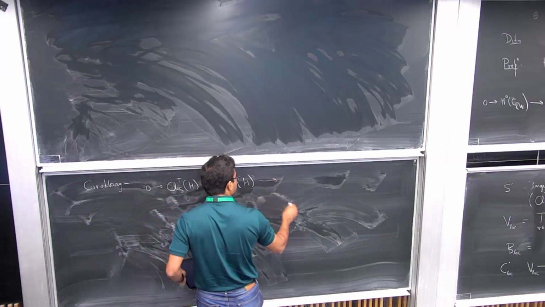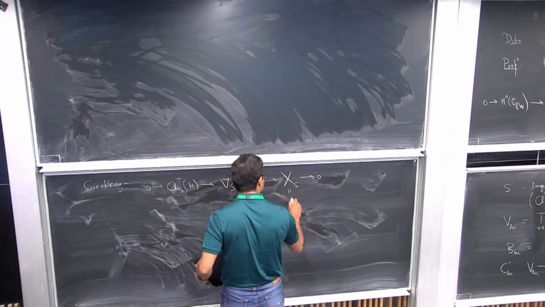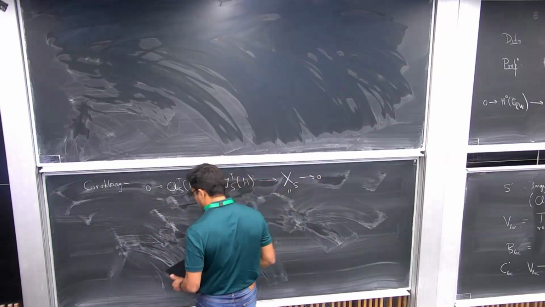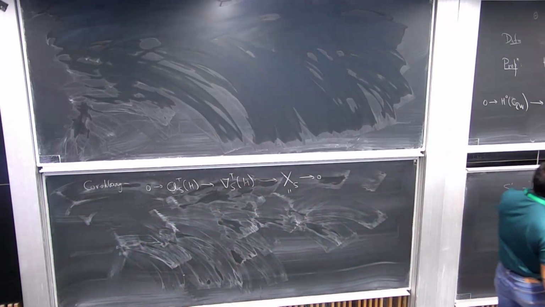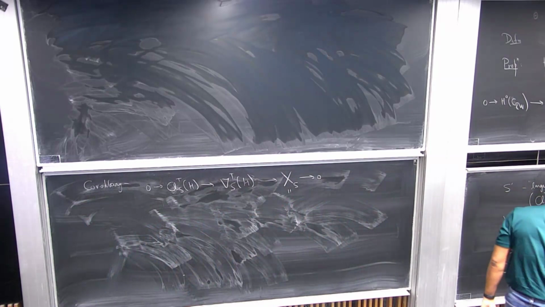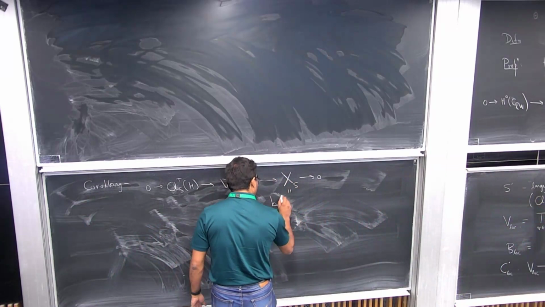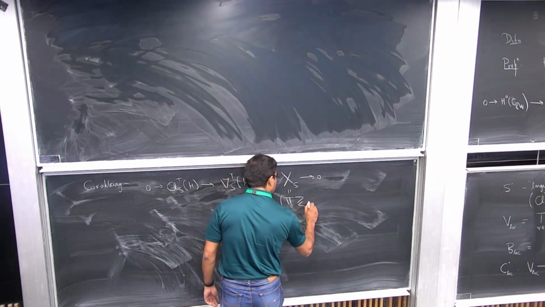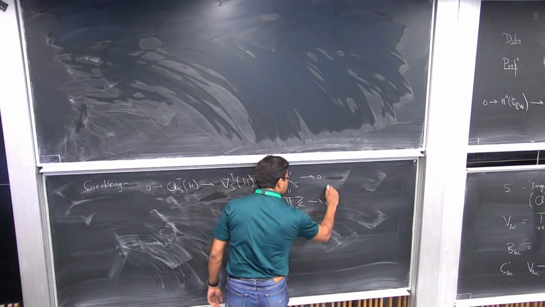And then you get this X. Yes. So this is by definition the kernel of this thing. You take the free abelian group generated by all places above H and you take the elements of degree 0. So this is the kernel of. So these are all the familiar objects that we see.